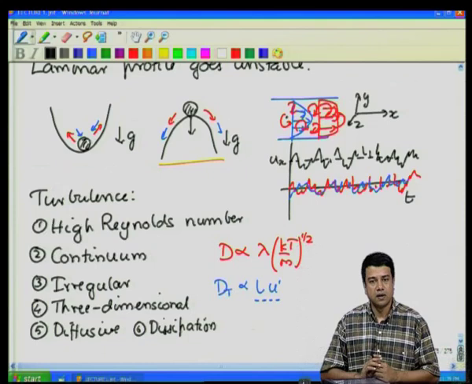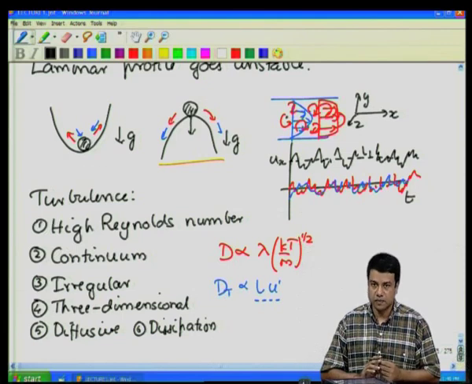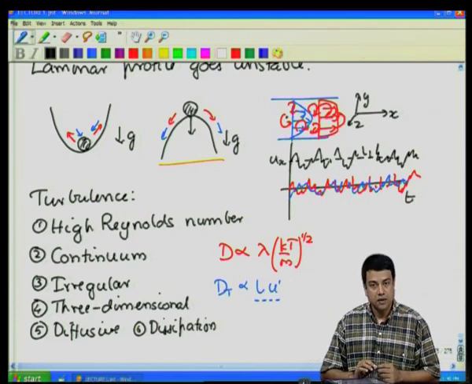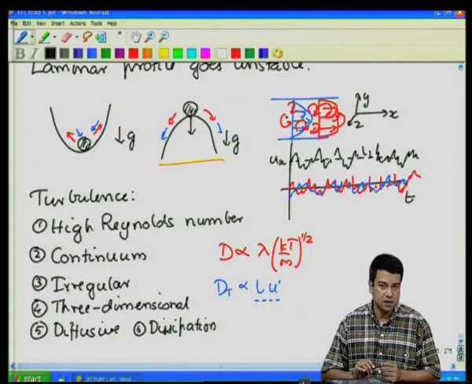The shear stress at the surface represents the flux of momentum perpendicular to the surface. That is balanced by the pressure gradient at the 2 ends in the case of an internal flow. The flux of momentum, if it were just molecular, would be given by the viscosity times the gradient of the velocity.